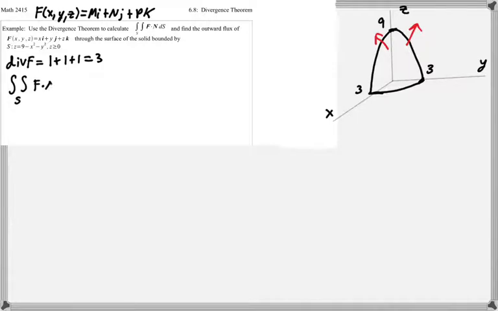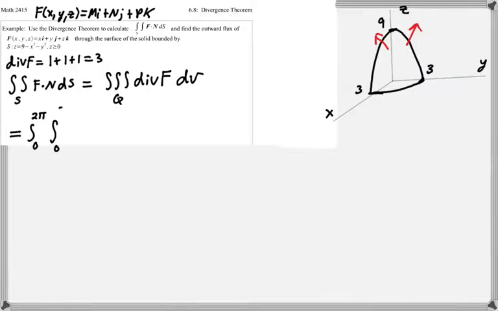So your flux integral is going to be equal to the triple integral over the region Q of the divergence of F dV. I'm going to convert this to polar coordinates. On the xy plane, we're going to go all the way around, so 0 to 2 pi for theta.